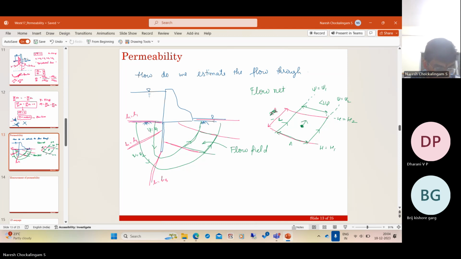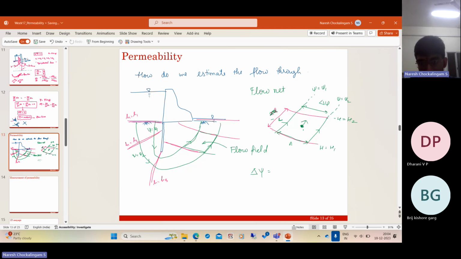So the difference in psi is nothing but the flow between these two. So this corresponds to some velocity. This corresponds to a different velocity. So the difference is nothing but the flow through this channel.